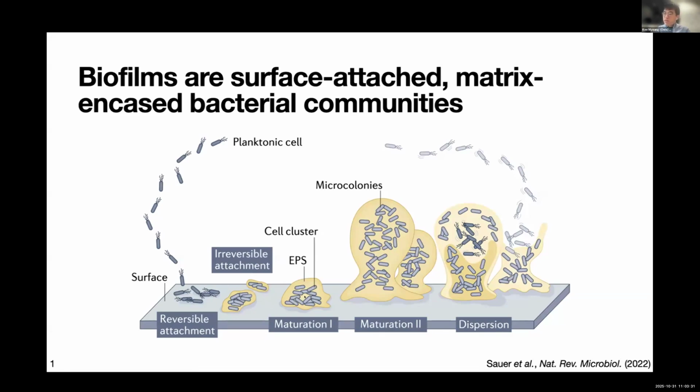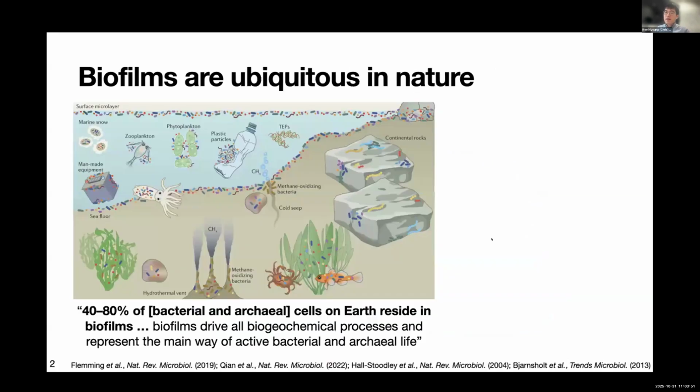And so the cells will grow and divide to form these large communities, until a certain time point when, for one of many possible reasons, the cells will decide en masse to disperse from the biofilm and swim away and potentially colonize some other niche. And so the cycle continues.